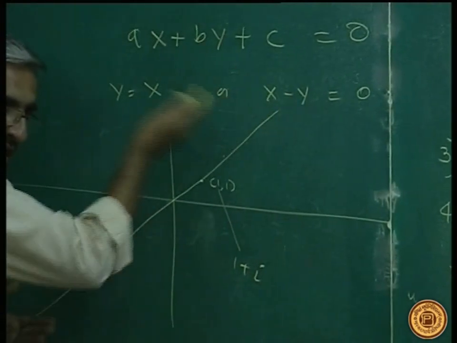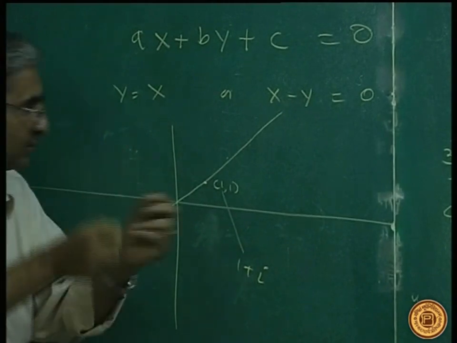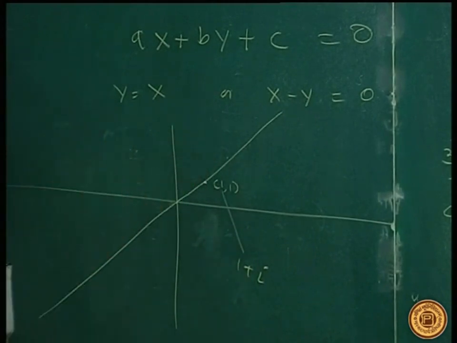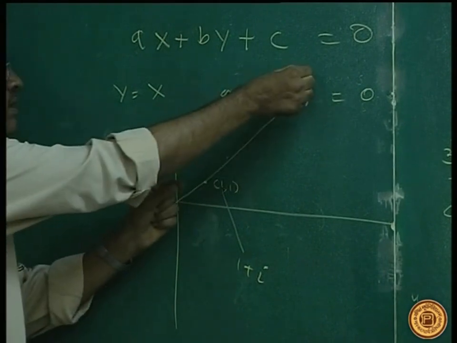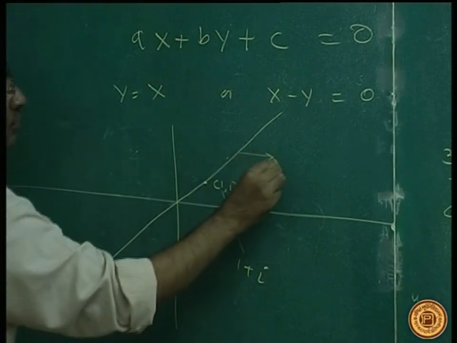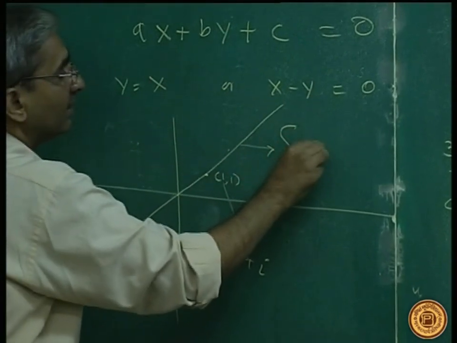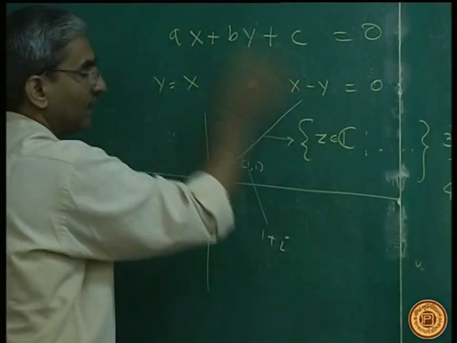You can look upon this line as a collection of complex numbers. So there should be an equation of this line in a complex variable. Do you understand? So we can say that this is a locus of complex numbers satisfying a certain equation in terms of z. So we want this line to be written as z in C, the complex plane, satisfying a certain complex equation.